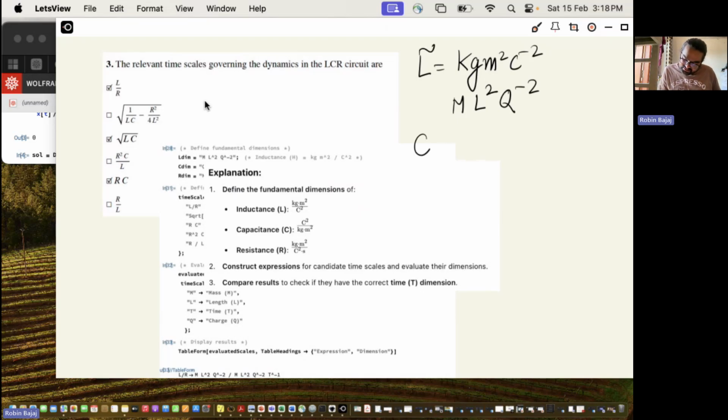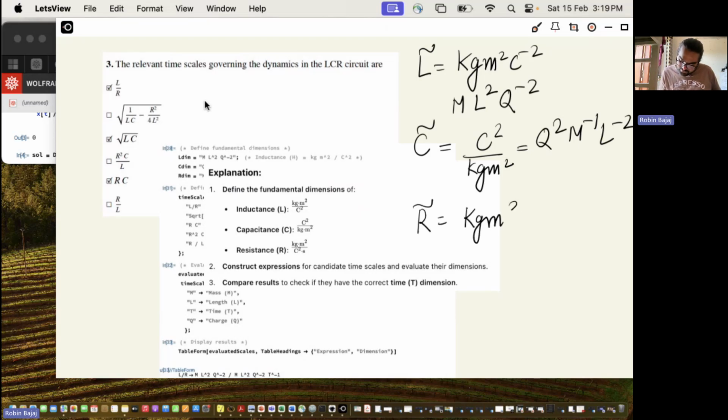And capacitance is coulomb square by kg meter square, which is Q square M minus 1 L minus 2. Similarly, R is nothing but kg meter square per second, which is M L square Q minus square T minus 1. So these are the three things you have in your problem.